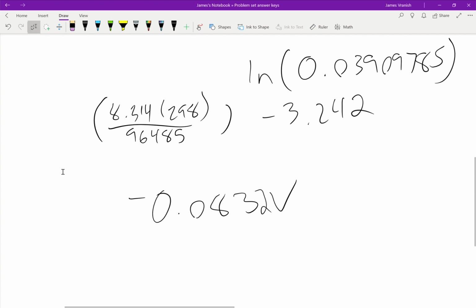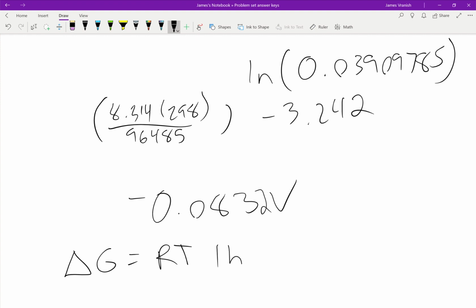All right, so now we're ready to work with our chemical potential formula. So we have the delta G is equal to RT times our natural log of our sodium concentration, inside versus out.